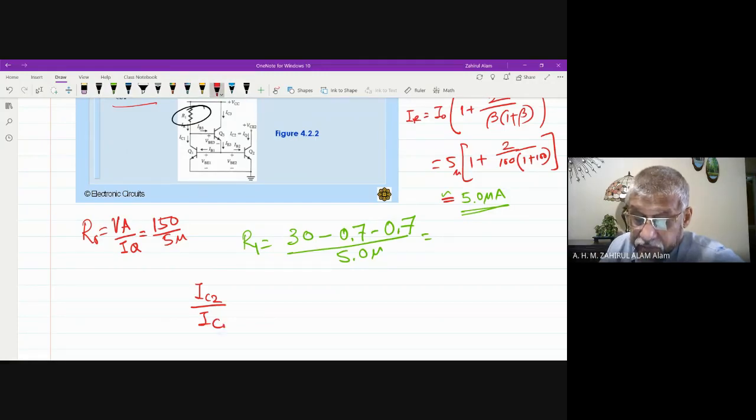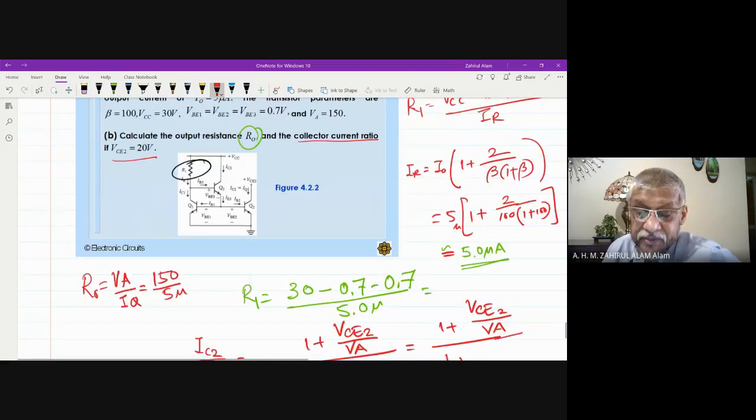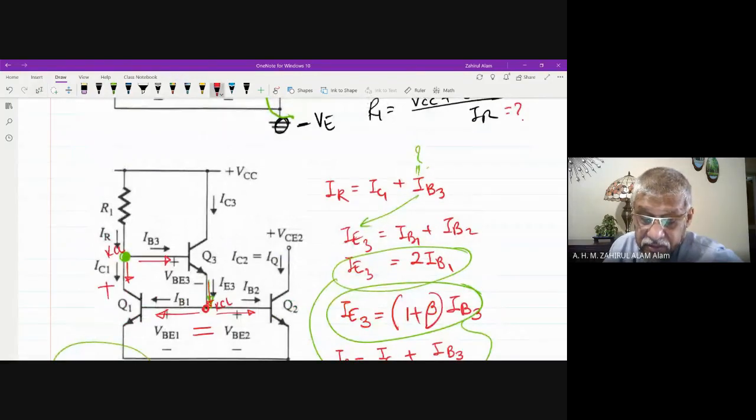So 1 plus VCE2 divided by VA over 1 plus VCE1 divided by VA. 1 plus VCE2 divided by VA. VCE2 is given in the problem. Now, what is the value of VCE1 for this particular case?